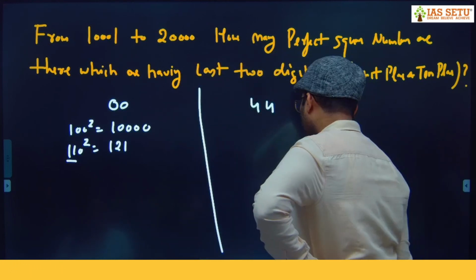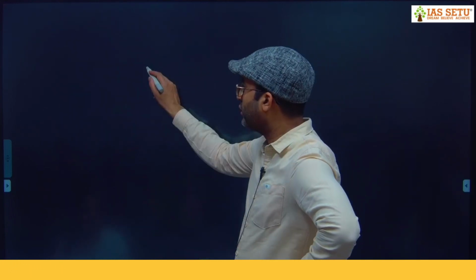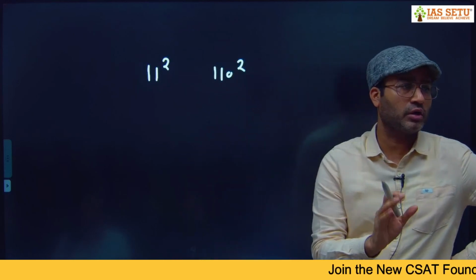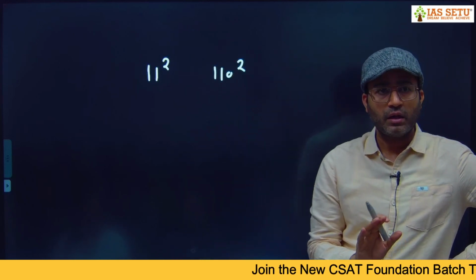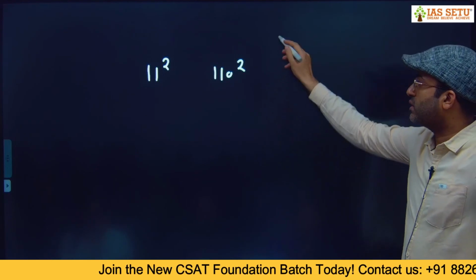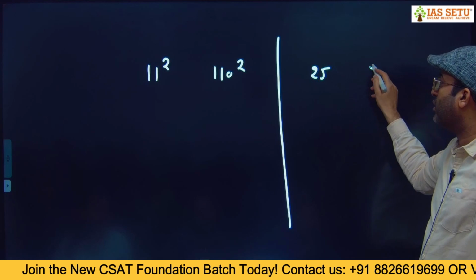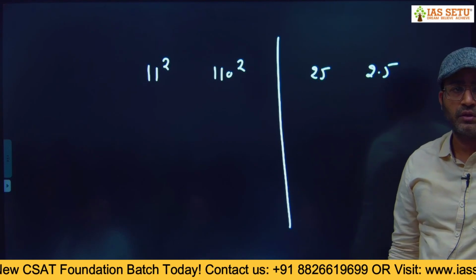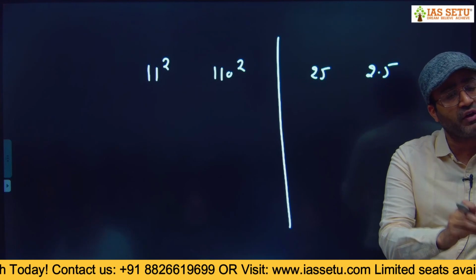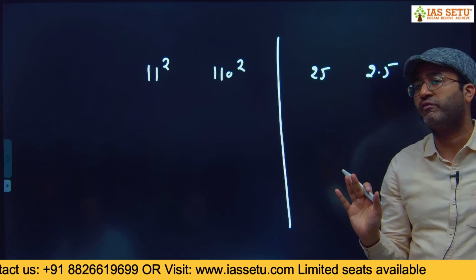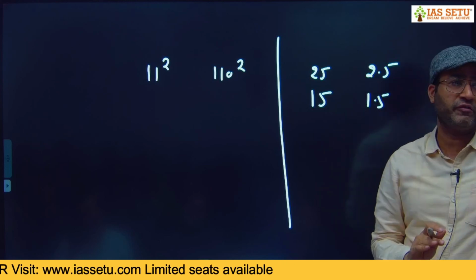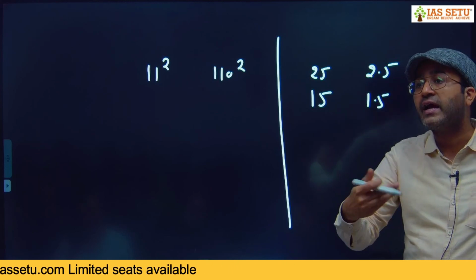See here, I have seen students say I know 11 square, but I can't find what 110 square is. I say this is your double standard. And in classes, there are students who say sir I know the table of 25, but I don't know the table of 2.5. What is the difference? It is only a decimal. If you know the table of 25, make sure you know the table of 2.5 also. If you know the table of 15, be comfortable with 1.5. Only the attitude is the thing.